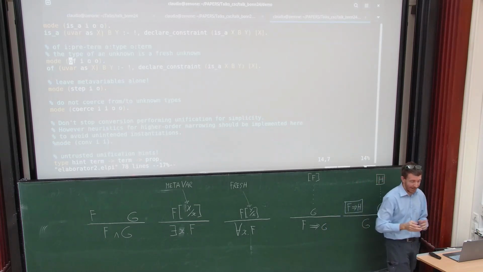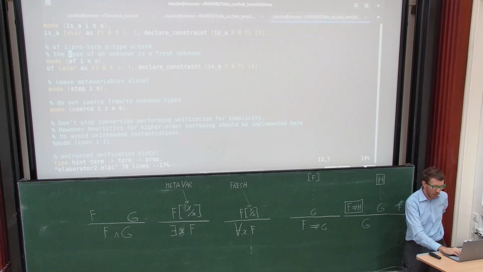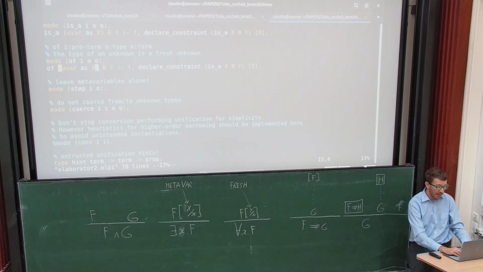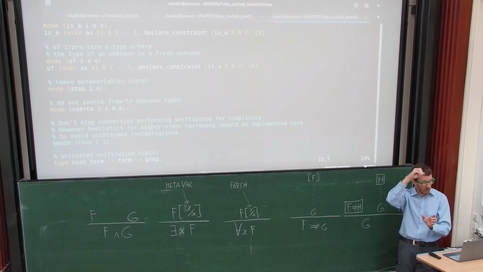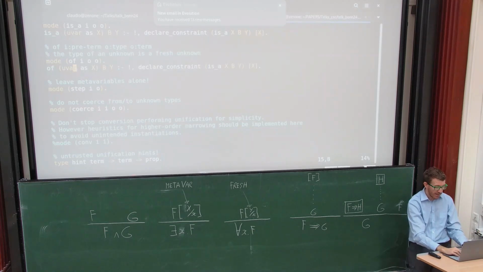And I've added a few rules to this. Okay, so the first thing is I tell the system what is input and what is output, and the second rule is I tell the system that when it's asked what is the type of a meta variable, this uvar keyword means I found a meta variable of the language and I'm recursing on it, and the meta variable is called x, then I declare a constraint.